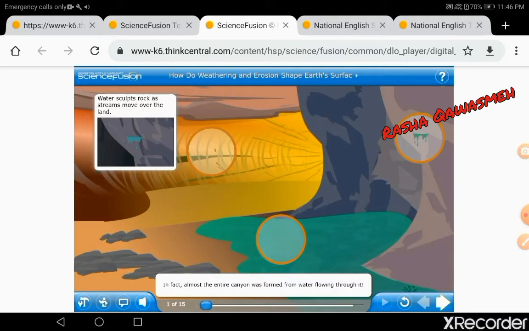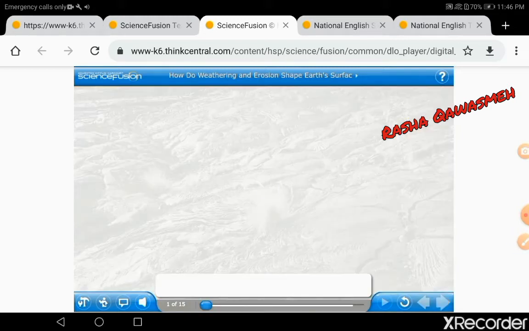The entire canyon is formed from water flowing in it, as you can see here. Maybe because of rain, so water enters the cracks of this part and causes weathering. Let's see the vocabulary words. Next slide.